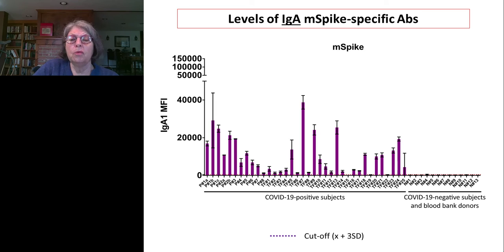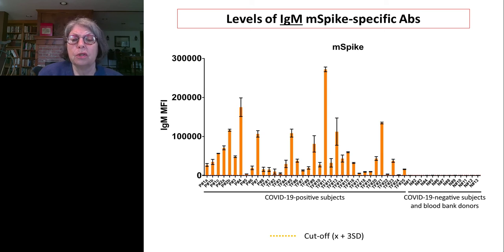So all but one of these individuals had IgA antibodies. And in the next slide are the IgM antibody levels in these individuals. And in fact, every single one of the individuals who we tested had IgM antibodies. Again, the levels vary, but all of them had IgM.